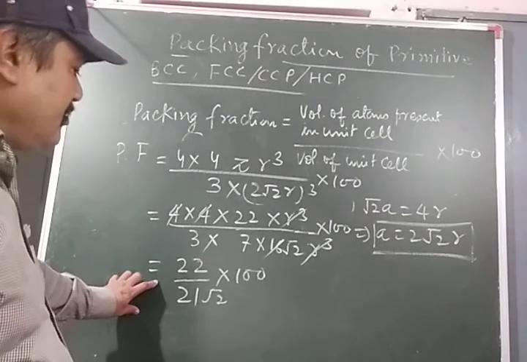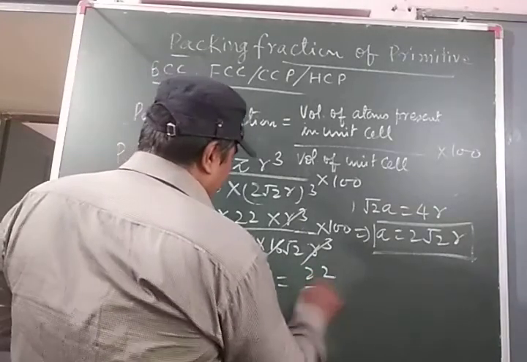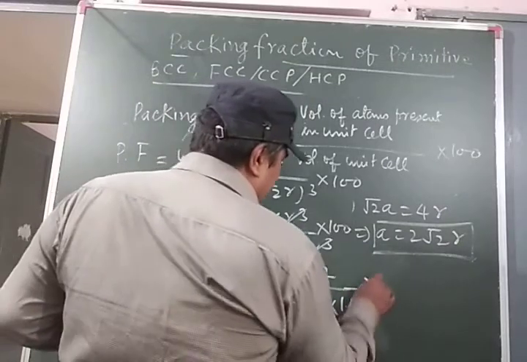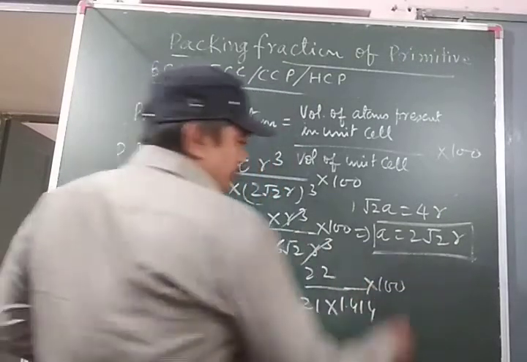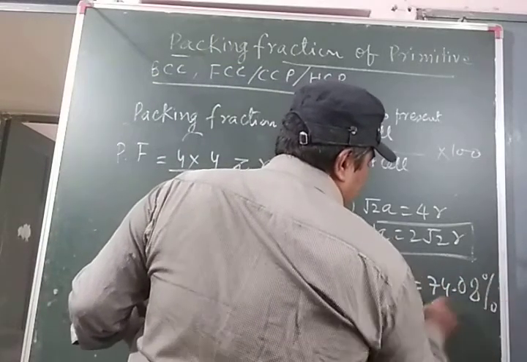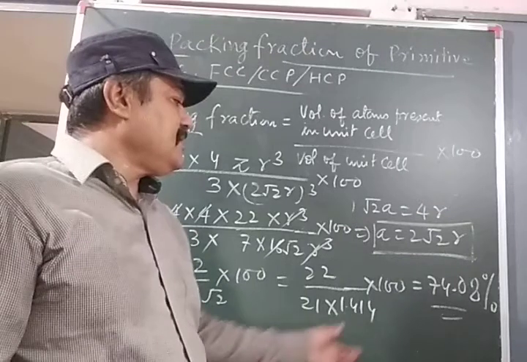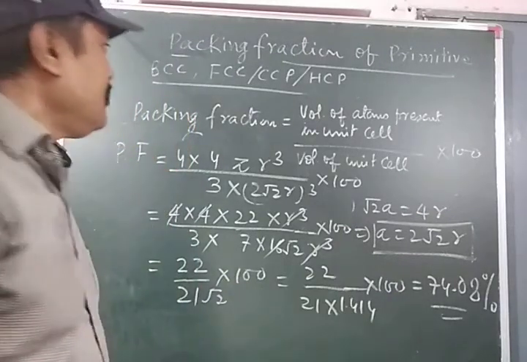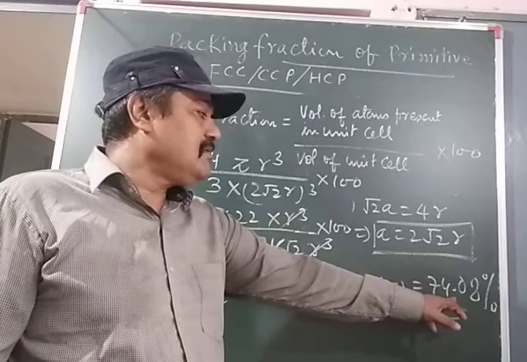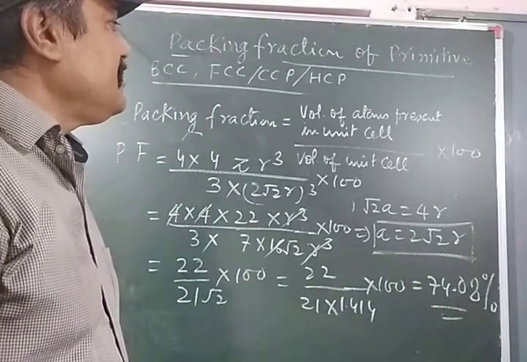On putting the value of this root 2, that is 22 upon 21, 1.414 multiplied by 100. This, on solving, we get around 74.08%. So overall we can say for the FCC, CCP or SCP unit cell, the 74.08% part of the unit cell is covered by the atoms present in the unit cell.